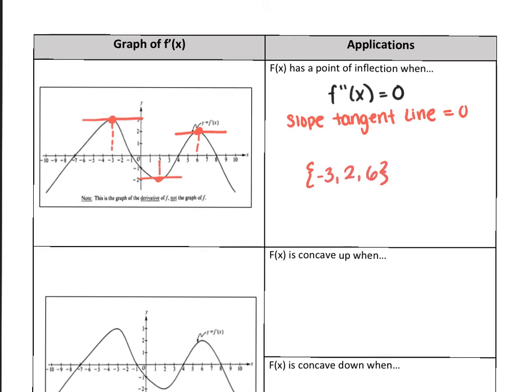So your second derivative will be equal to 0 at those points, where the slope of the tangent line is equal to 0, or in other words, it could be where f prime of x has a max or a min, right? Those are maxes and mins at x equals -3, 2, and +6.